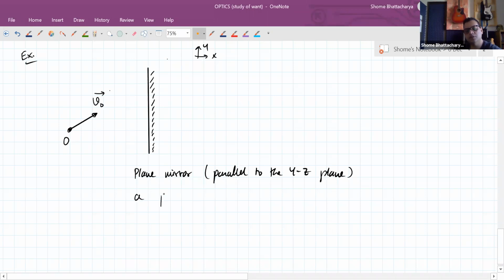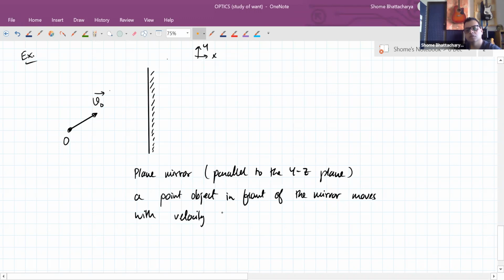So a point object in front of the mirror moves with a velocity of, let's say, 3 i cap plus 4 j cap in meters per second in the xy plane.